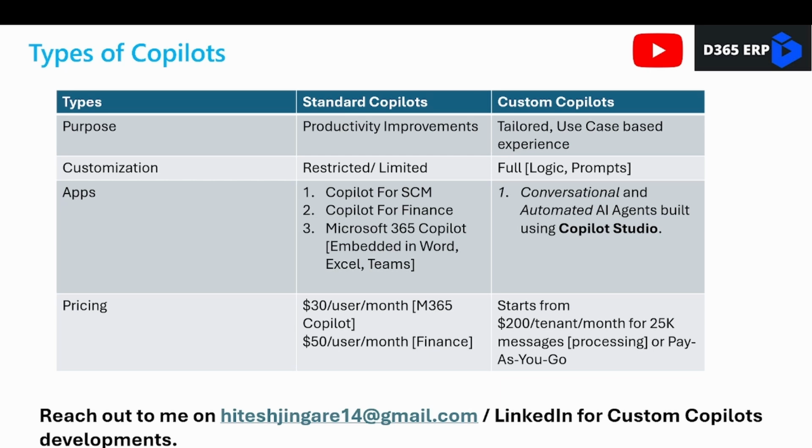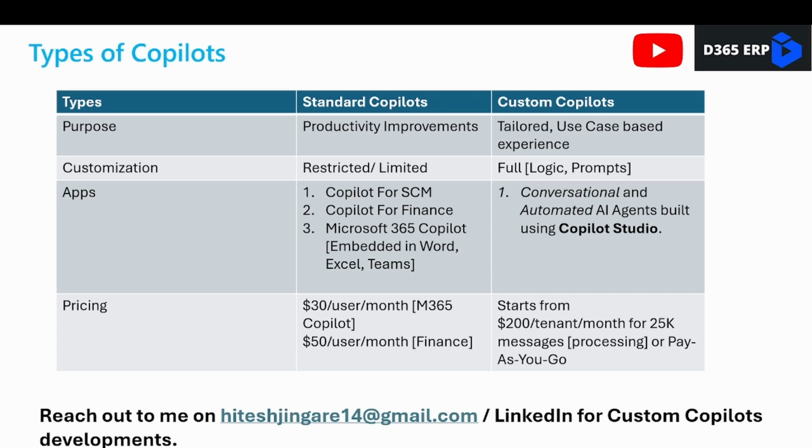But for finance, as I said, some features are available within our existing license. In the next slides, when we discuss the out of the box features in SCM and finance, we'll cover the license requirement for each feature. We will also cover the prerequisites.